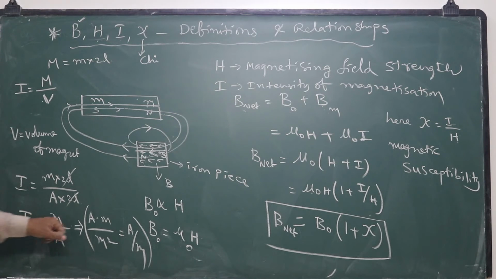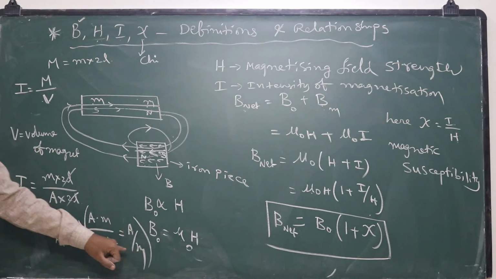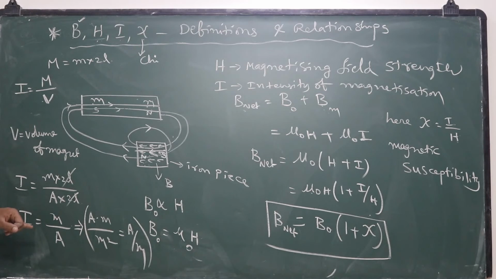Ampere per meter is the unit for intensity of magnetization. What are the units for magnetizing field strength? What are the units for magnetic susceptibility? Those things we will see. Before that, let me solve one or two problems. Try to remember these formulae.